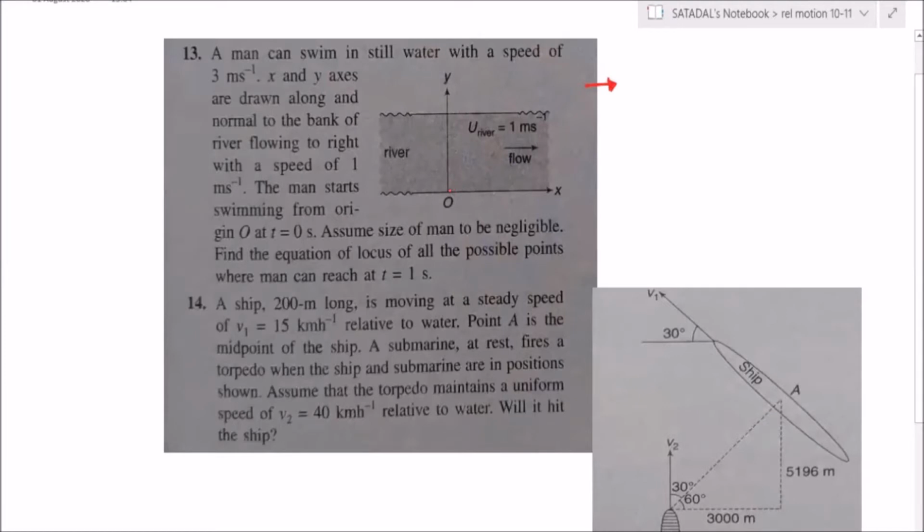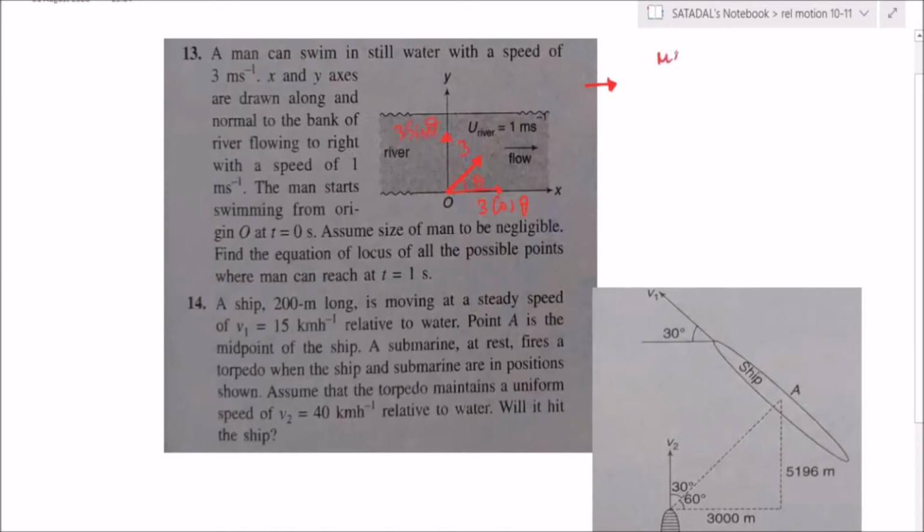So what we have to do, just consider that this is the direction in which the swimmer is trying to swim. This is theta. So along this direction, what is the component? 3 cos theta. Along this direction, how much will it be? 3 sin theta.